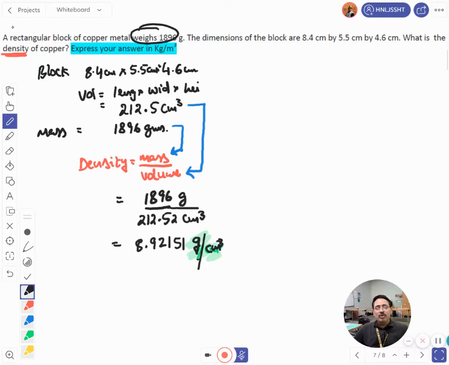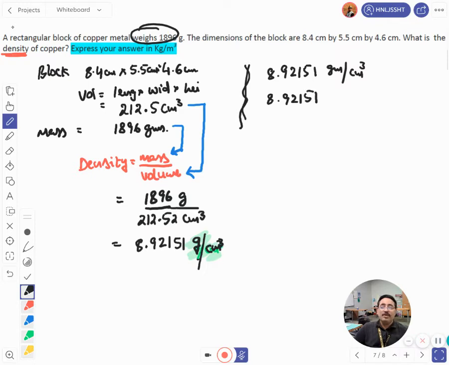First of all, let me do this part separately. 8.92151 grams per cubic centimeter means 8.92151 grams over centimeter cube. Listen carefully. Centimeter cube means centimeter times centimeter times centimeter.